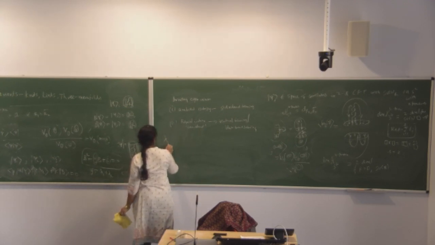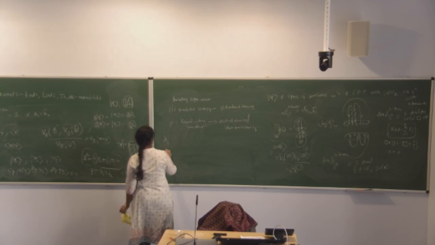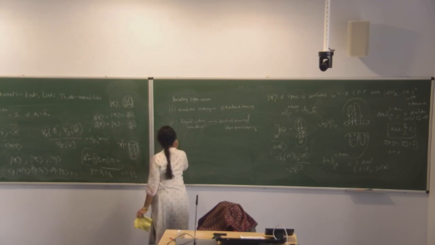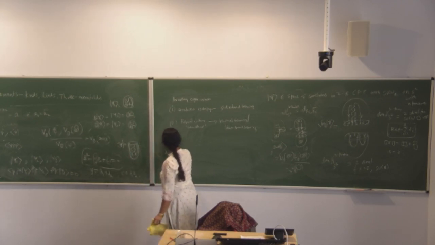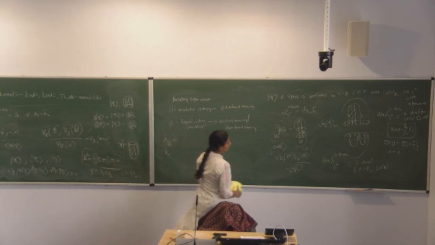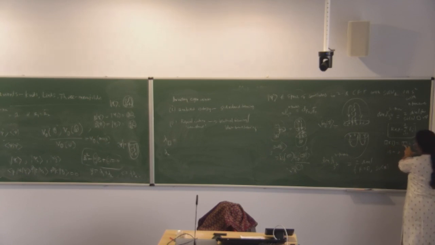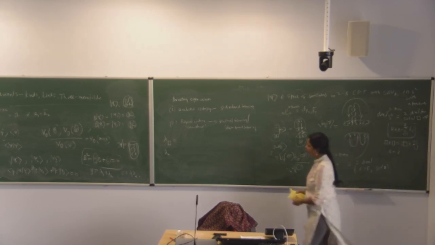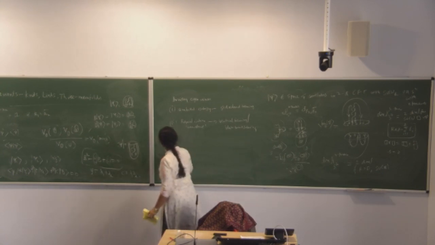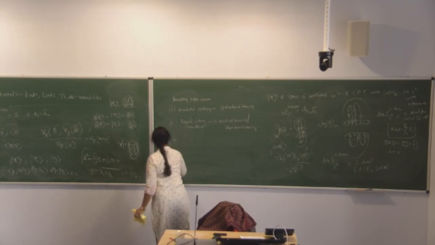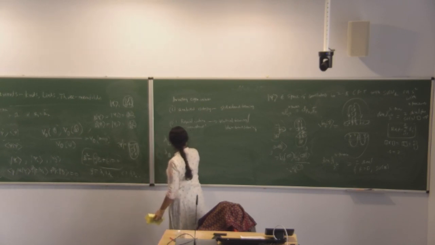Okay, so let me write it. There are two eigenvalues, lambda 1 and lambda 2. Lambda 1 corresponds to E1 and lambda 2 to E2. E1 is the horizontal box and E2 is the vertical box. And this will be up to a sign.